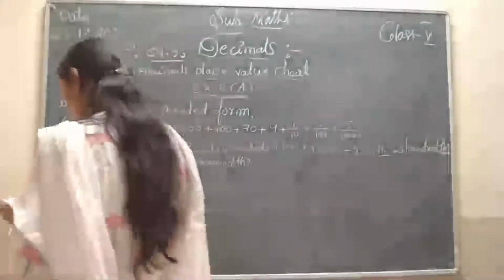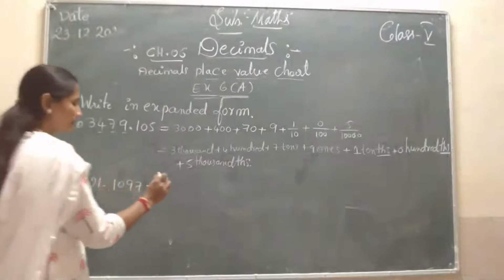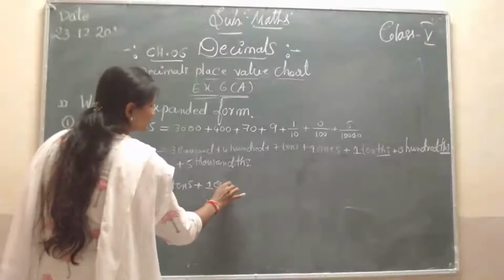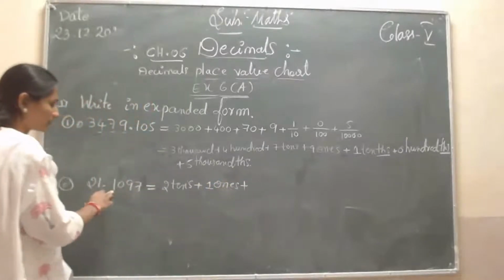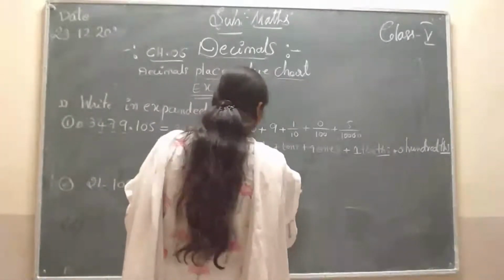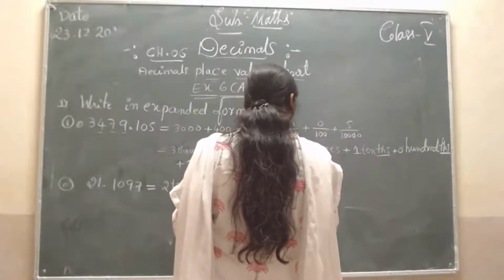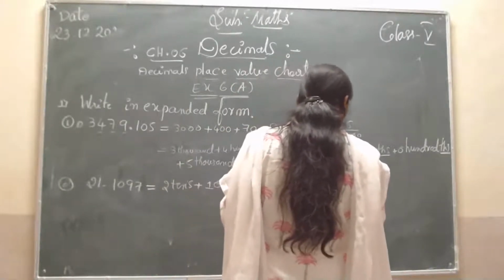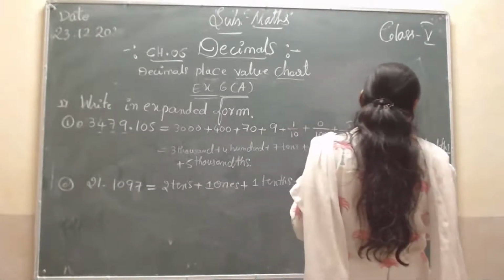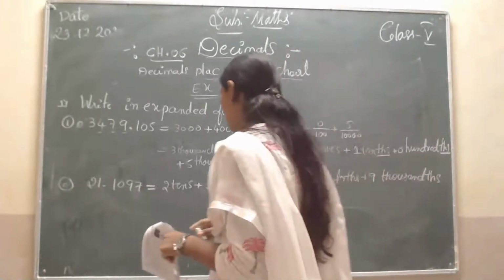What is the 2? 2 is tens, because 1 is ones and 2 is tens. After the point, 1 is tens, 0 is hundreds, 9 is thousands.